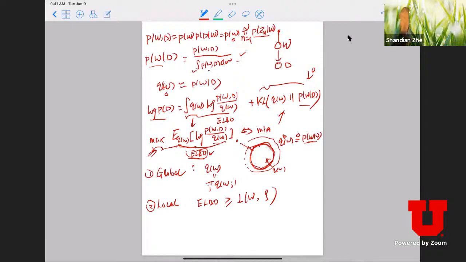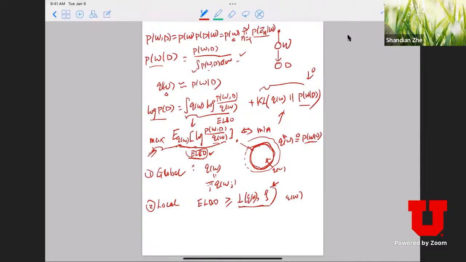Well, how to construct such a lower bound? Let us just assume we come up with this lower bound. Then we maximize this lower bound instead with respect to Q of W. I need to put this lower bound in terms of Q of W. And to introduce such a lower bound, you usually need to introduce an additional set of parameters C, which we often call the variational parameters.